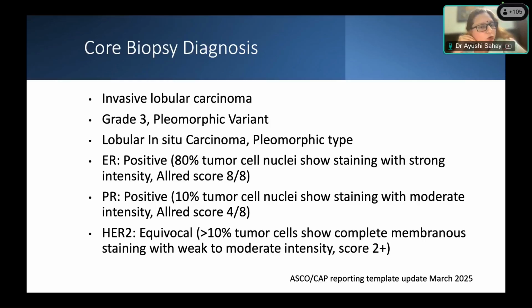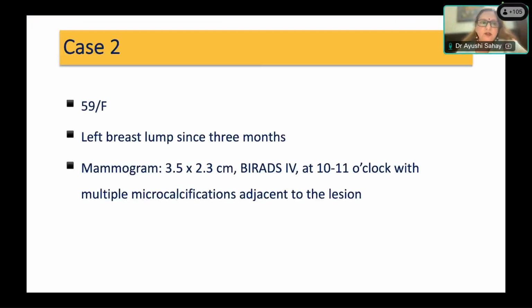So please talk to your surgeons, please talk to the labs and procure the correct material, so that fixation can be proper. Your interpretation as pathologists, morphology and IHC is all very much interlinked and dependent on fixation. So thanks, Dr. Seema. If there are no other questions, we move on to the second case.